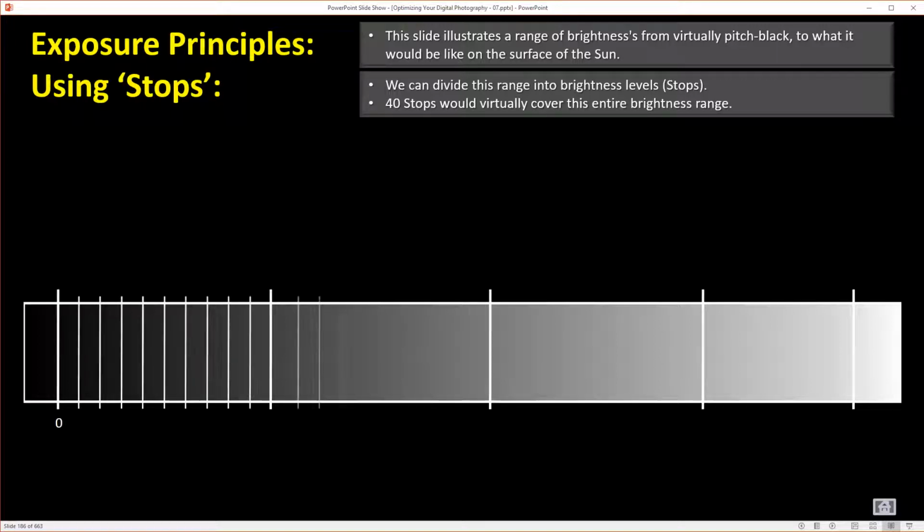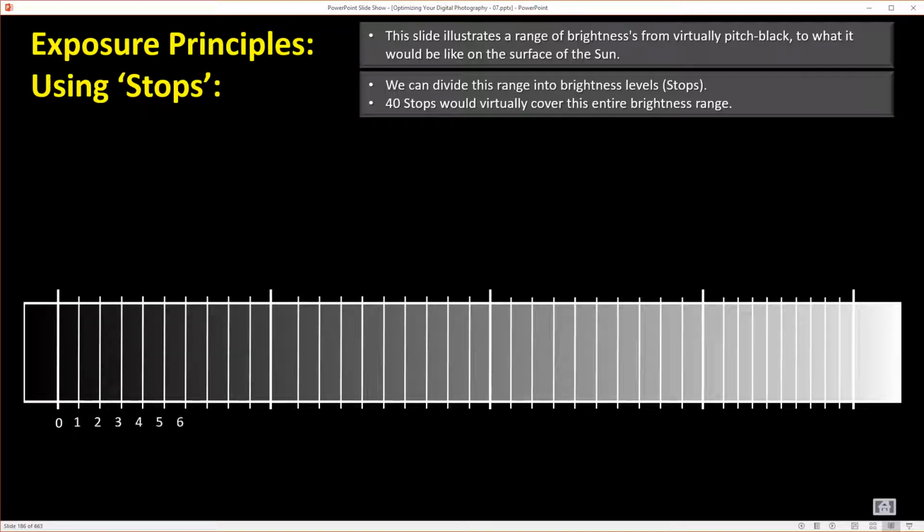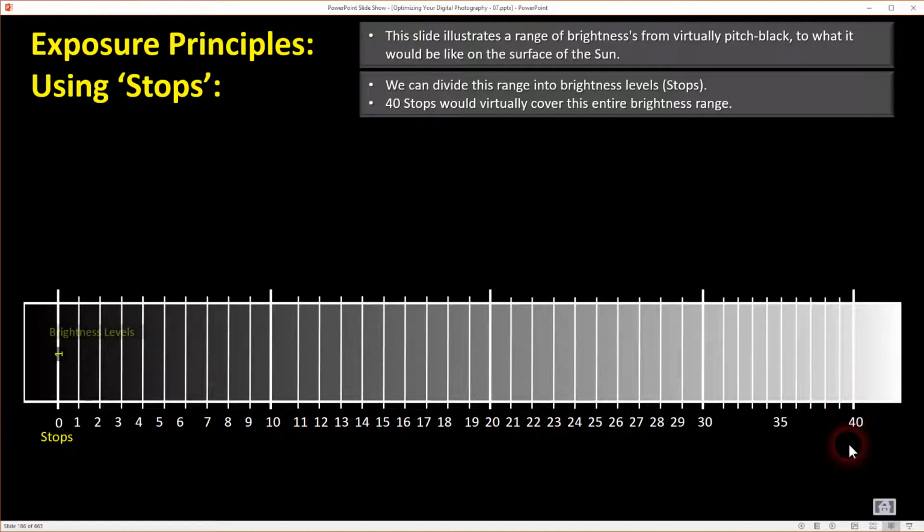So 0, all up to 10, 20, 30, 40 stops. Okay, and as we go from 1 all the way up here, the brightness level increases by double each time we go to a stop. Okay, so by the time we get to 10 stops, it's 1,000 times as bright as when we started off.